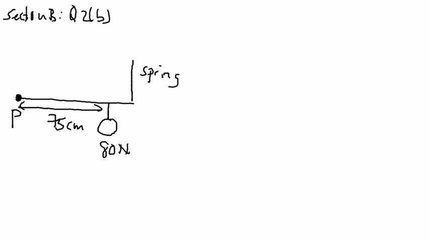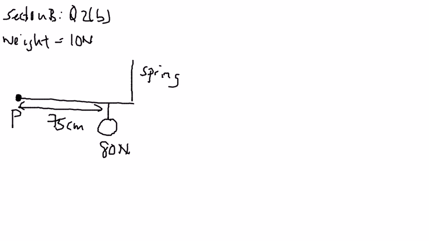Okay, and they tell you that this is a meter rule, and the weight of the meter rule is 10 Newton. So always remember, for a meter rule, the weight always acts from the center of the meter rule. So where are you going to draw the weight?